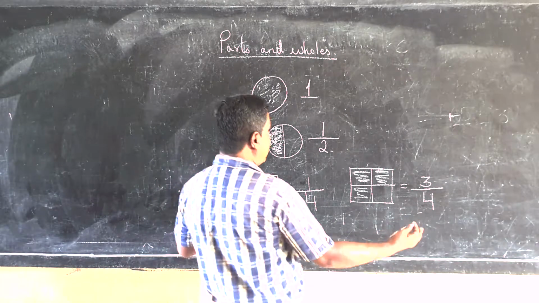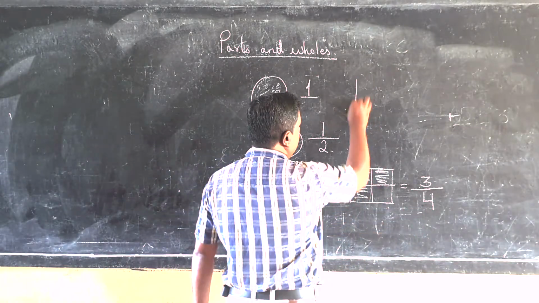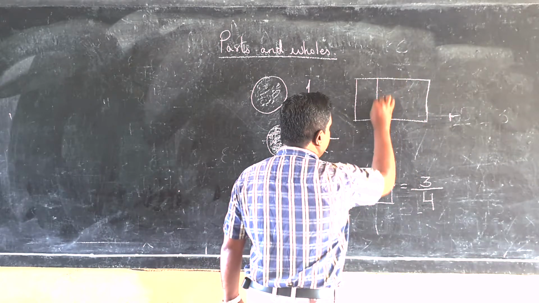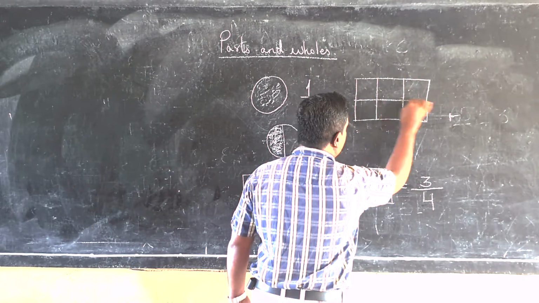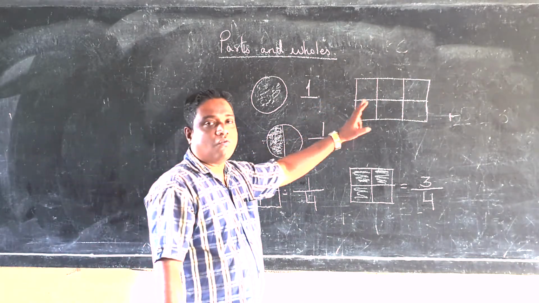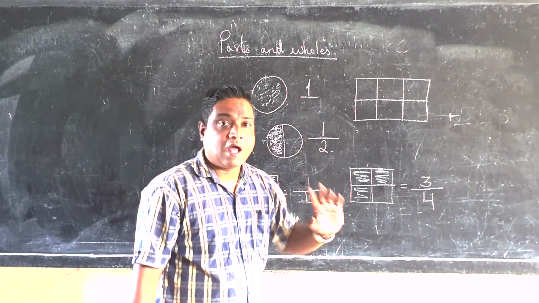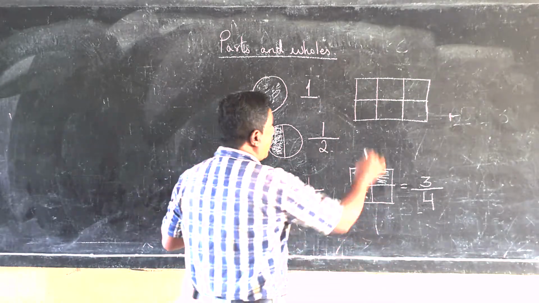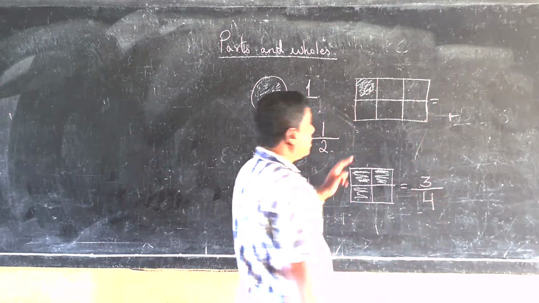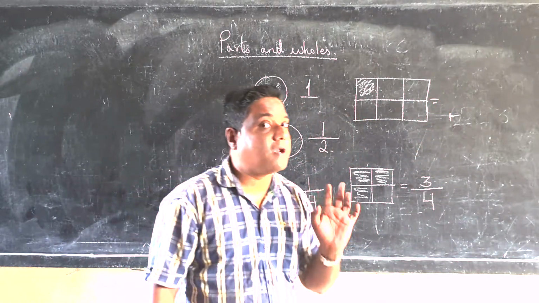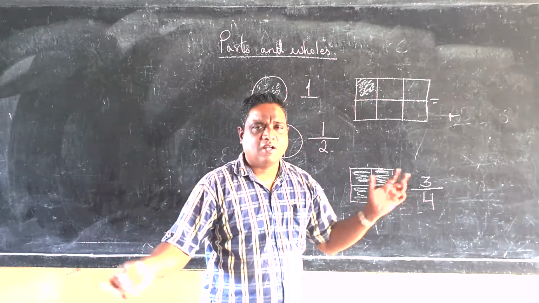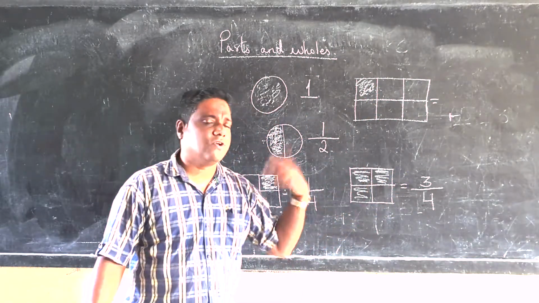Suppose again I have a rectangle. I am dividing this rectangle into how many parts? 1, 2, 3, 4, 5, 6 parts. Out of 6 parts I give one part to my friend. So how will you write?